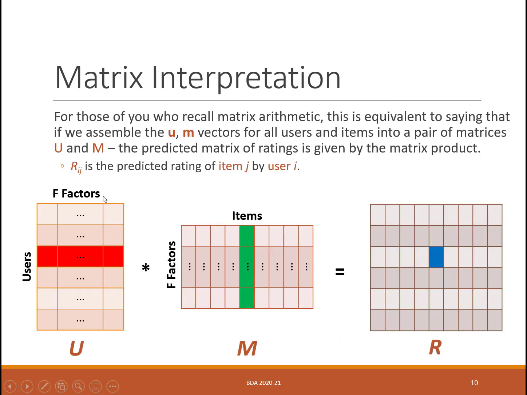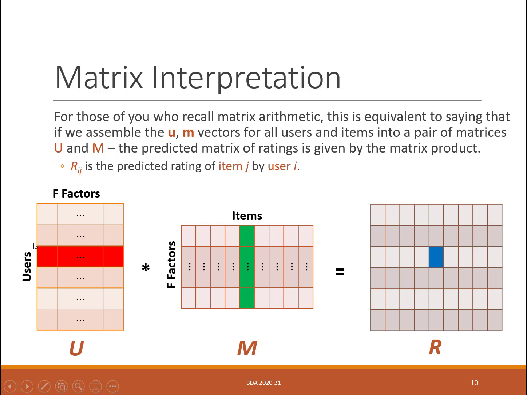If vectors u for all users in a system are stacked up, and vectors m for all items in the system are put together, we will have two matrices. Matrix capital U has factor vectors for all users.